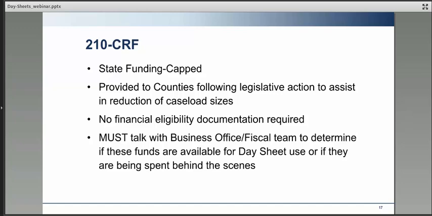And if your business office is utilizing this to meet other needs that are helping you serve your families, it's important to know so you don't try and double dip or bill into a pot that's already been spent. So again, that theme of ongoing and critical communication between the business office and the social work side of the house is of the utmost importance in order to be successful.